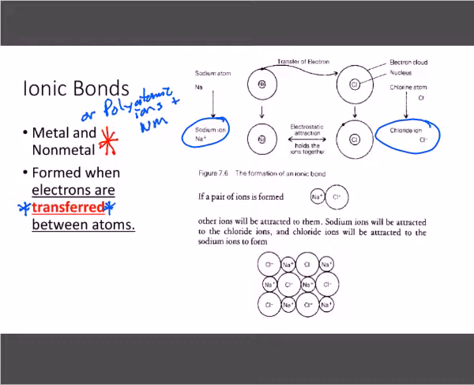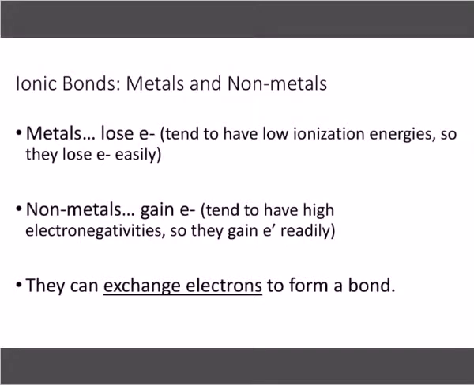All right, but this is what's taking place. It's those opposite charges within it. Okay, metals tend to lose electrons. Where are the metals located on your periodic table? What side of the periodic table? Yeah, they're to the left. Doesn't mean they can't gain electrons.